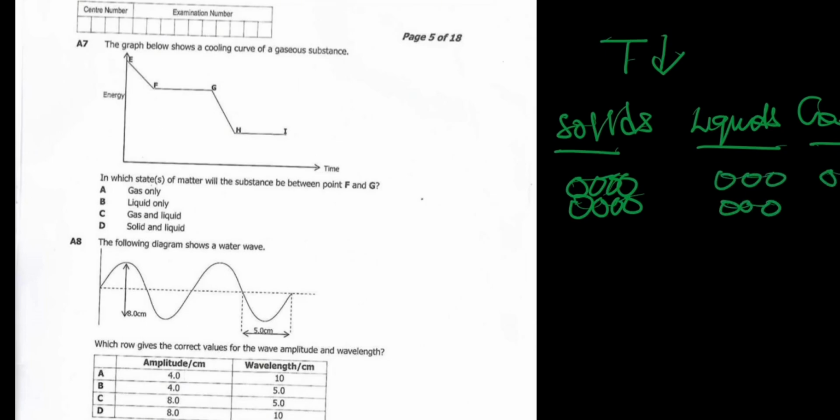In gases, they are widely packed. Now, this means that when you're talking about the change of state, you can change the state of matter from solid to liquid. This is called melting. Now, you can also change from liquid to gas. This is called boiling.